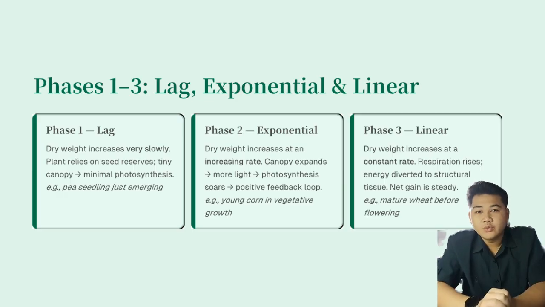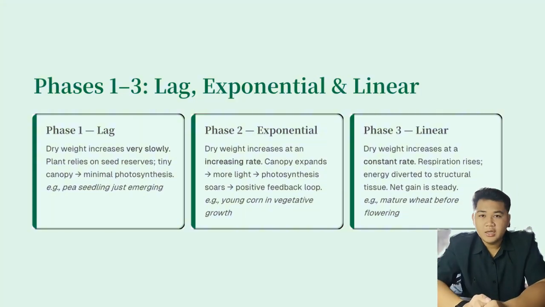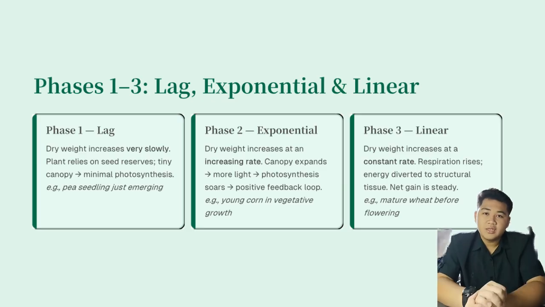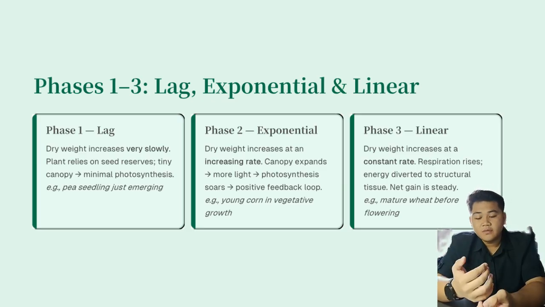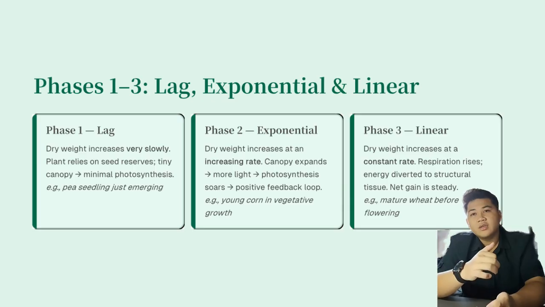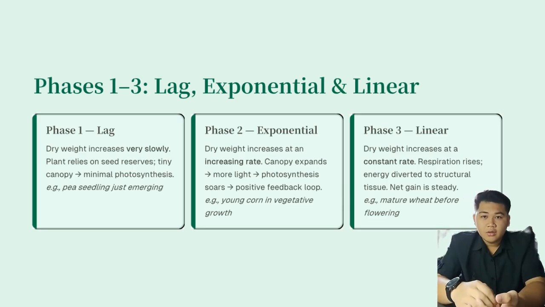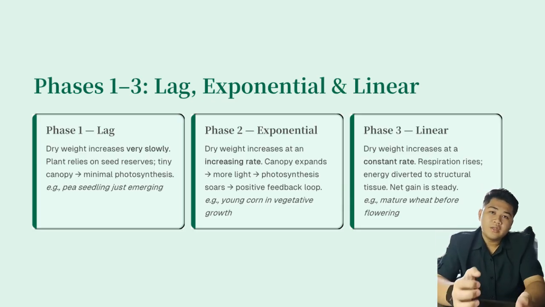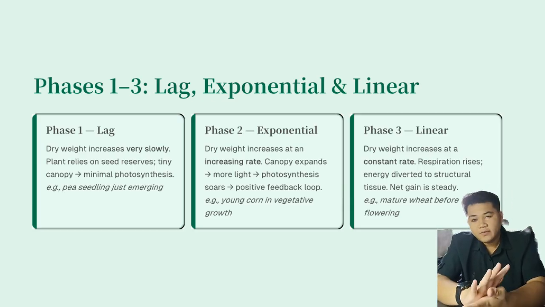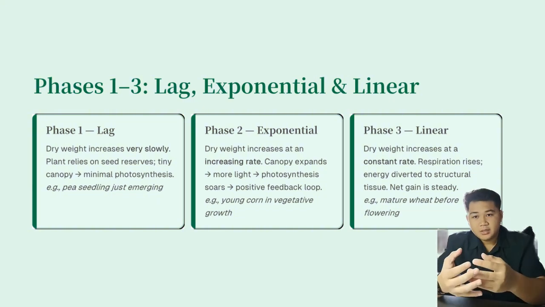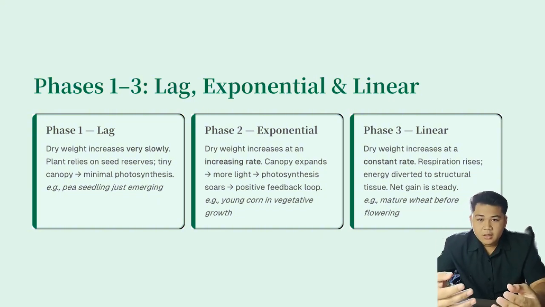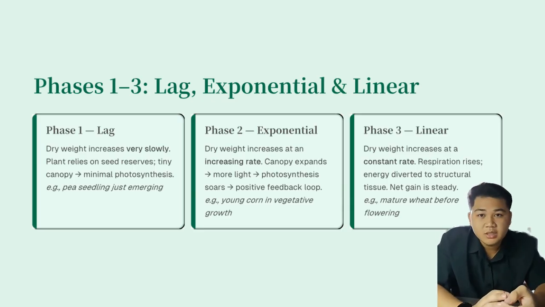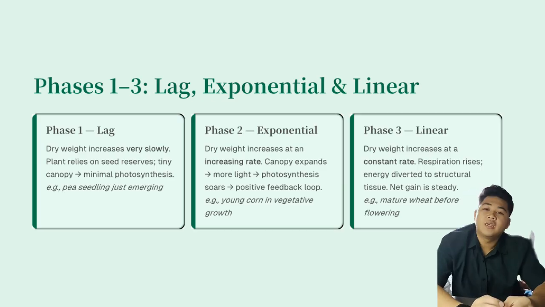Now move on to phase 2, which is the exponential phase. That is where the plant takes off. Here, dry weight increases at an increasing rate. The curve bends upward. Why does this happen? Because the leaf canopy expands rapidly, and new leaves emerge and grow quickly.